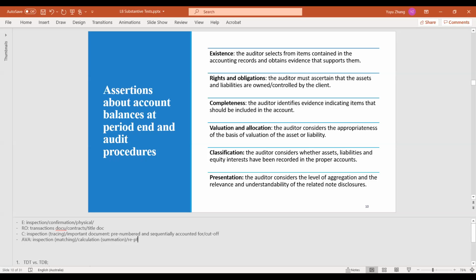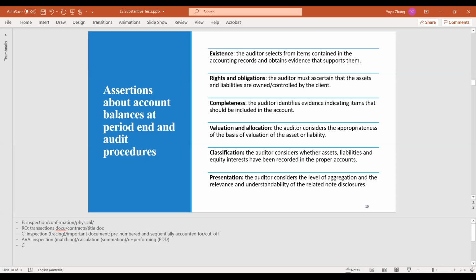So in that case, reperforming would also be a very typical tool to get the evidence for valuation and allocation. Provision for doubtful debts. Is that right?